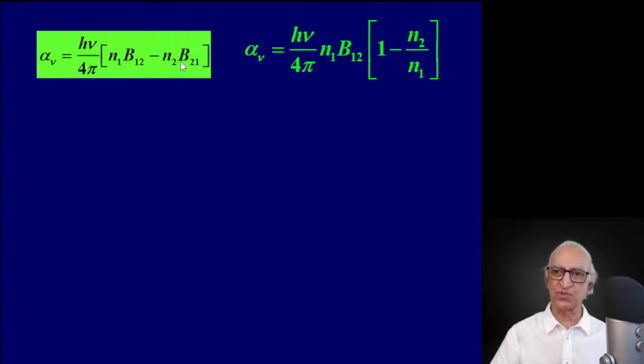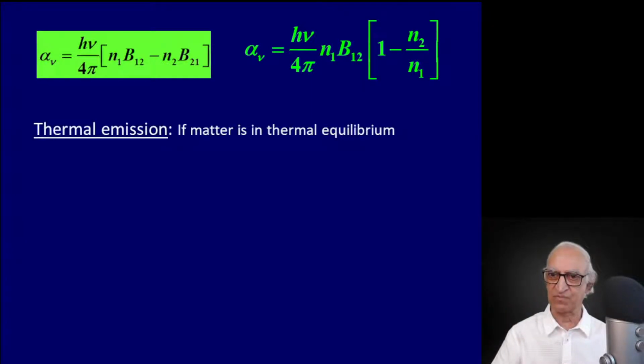Since B12 is equal to B21 by symmetry, alpha nu is h nu over 4 pi N1, the number in the lower level, multiplied by B12, multiplied by square bracket 1 minus N2 divided by N1, where N2 is the number of atoms or molecules in level 2 divided by the number in level 1.